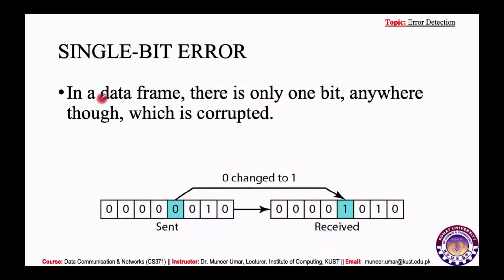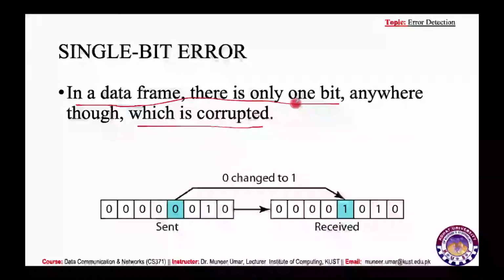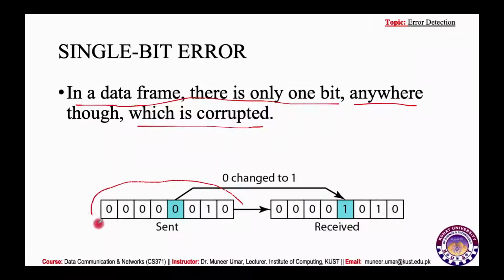Single bit error. In a data frame, there is only one bit which is corrupted. This one bit can be anywhere in the data. So here we have 8 bits transmitted, and this 0 got changed, and the received 8 bits are different.